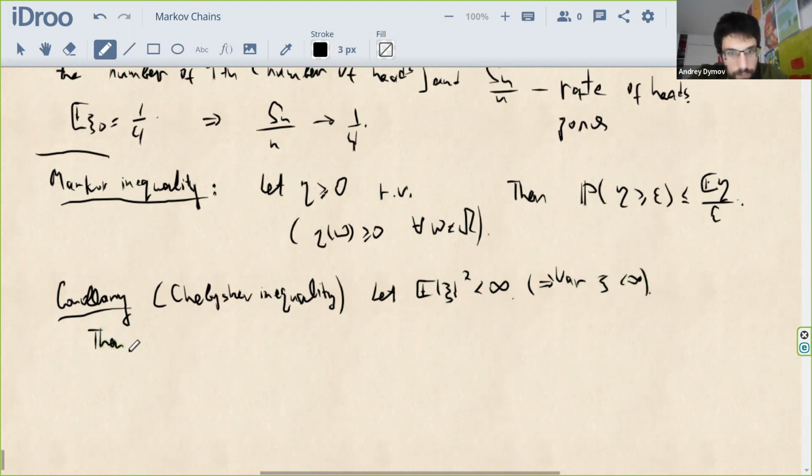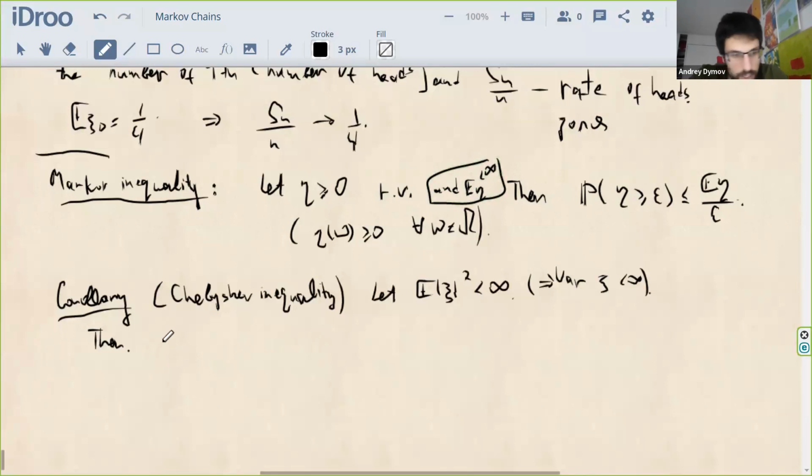Then, of course, here I should assume that the expectation of psi is finite. I should assume it, right?